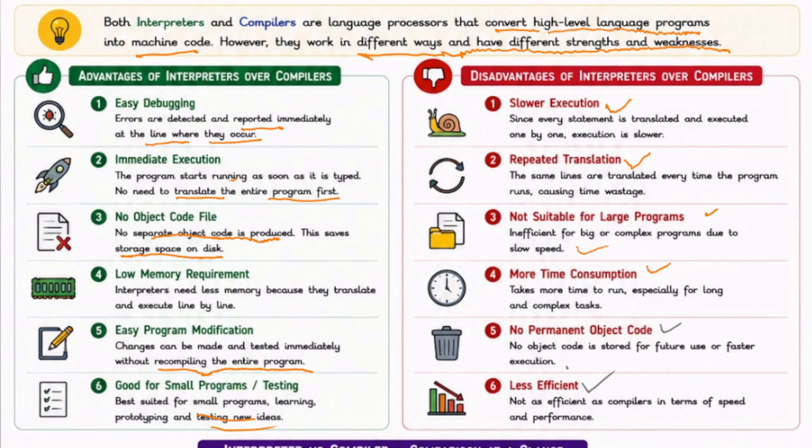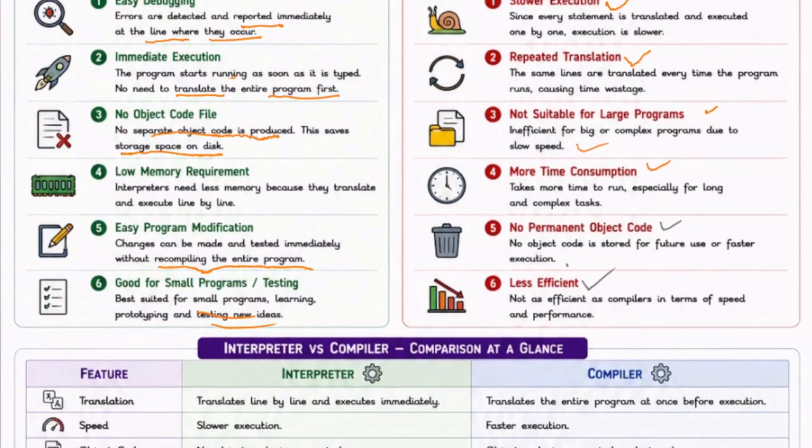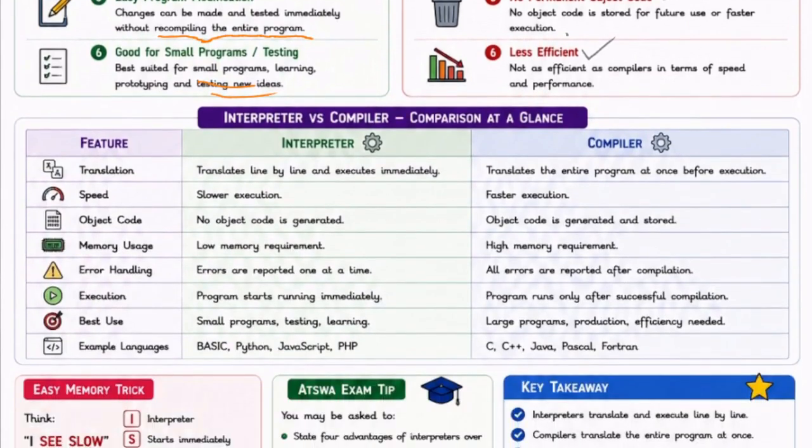Now let's move to interpreter versus compiler, the comparison at a glance. Now, features. We have the first one, translation.